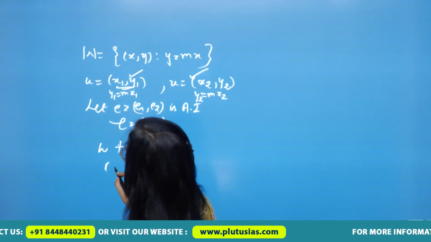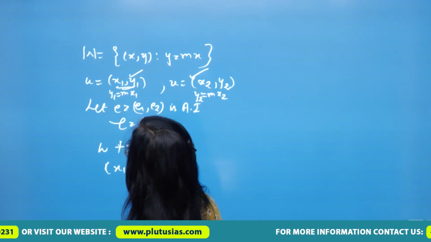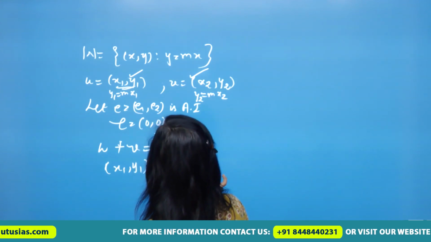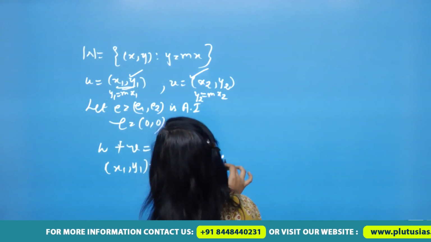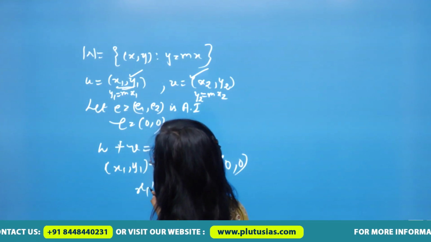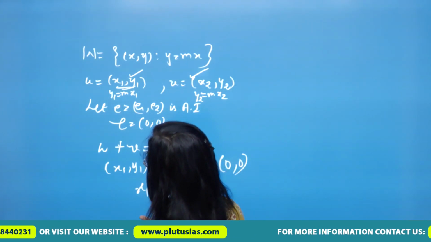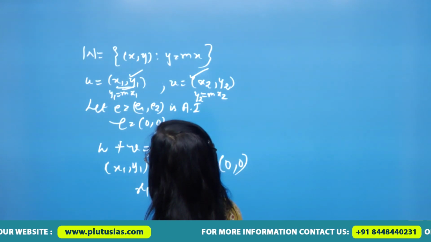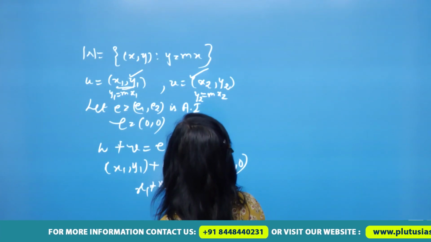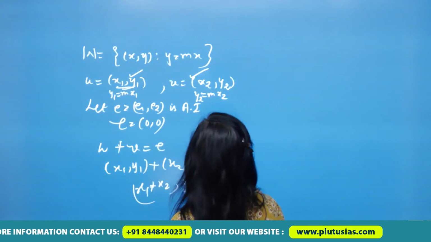So u was (x1, y1) plus v was (x2, y2), and this should be equal to the identity. What is the identity? (0, 0). This means (x1 plus x2, y1 plus y2) should be equal to (0, 0), right?